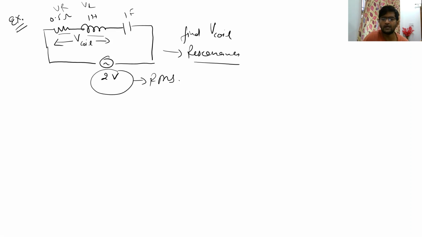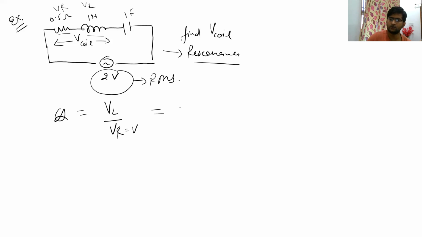Do we know any other relationship between the voltages across the capacitor, inductor, and the resistor voltage? Yes, we actually know. In a resonant circuit, there is a factor called quality factor, which we already discussed, and its value is VL upon VR, and VR is basically the source voltage in resonance.